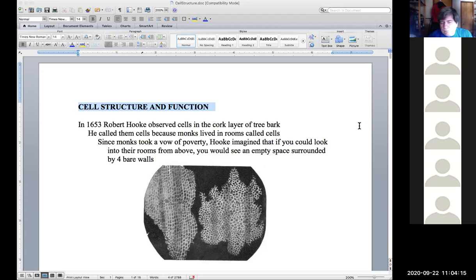So let's start thinking about cells, and keep in mind something that we've said before. We really want to organize our thoughts about cells around the idea that cells are little organic factories, and what do they do? They make proteins, and then they can use these proteins to do something.